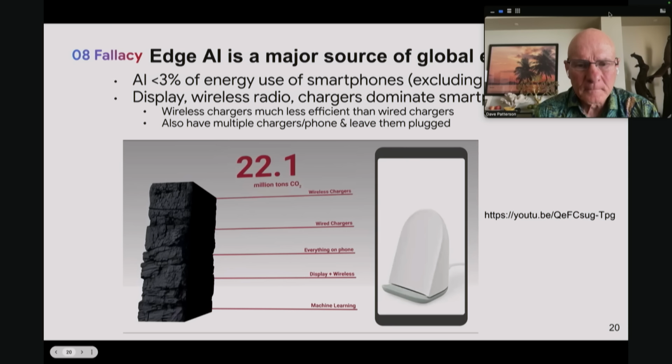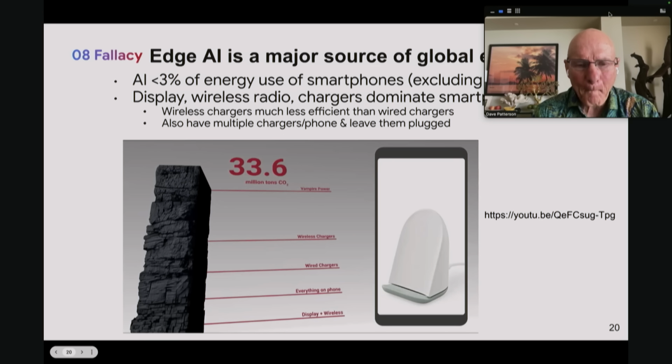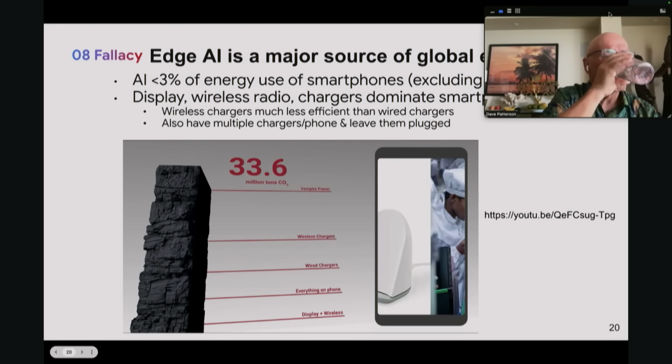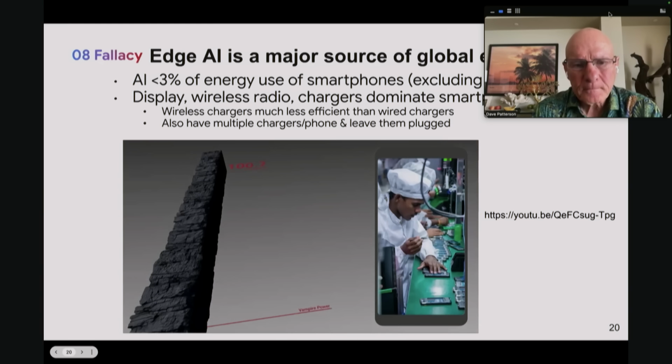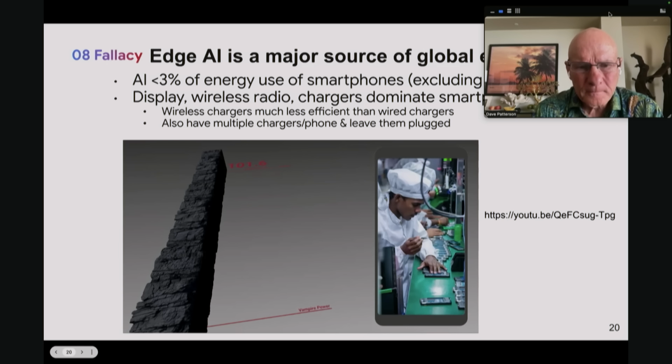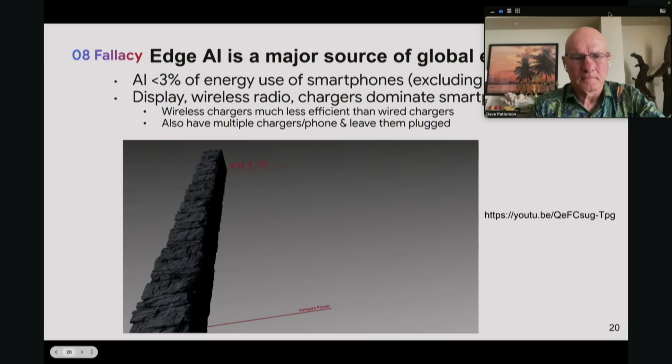If we forget to unplug our wireless chargers, they continue to draw power from the grid, like energy vampires, even when nothing is charging. If manufacturers included a sensor that only activated the charger when a phone was present, we could save most of this wasted energy. So is that all? Well, no. Unfortunately, all of this pales in comparison to the emissions created through the process of manufacturing the phone itself. It brings us up to over 100 million tons of CO2 per year for the world's smartphones. So clearly, we have a lot of opportunities to reduce our smartphones' impact on the environment.